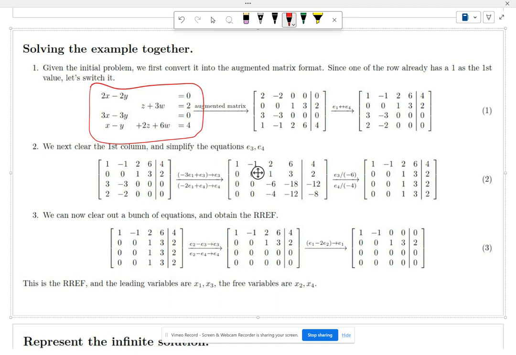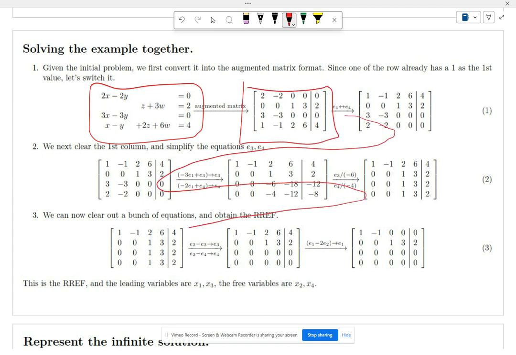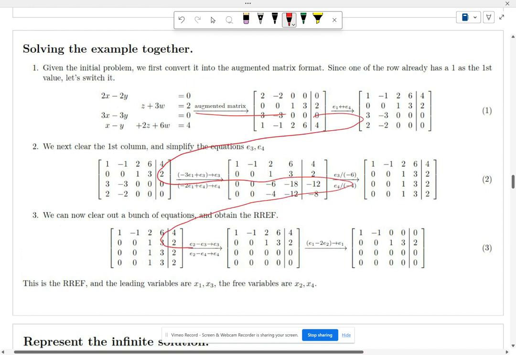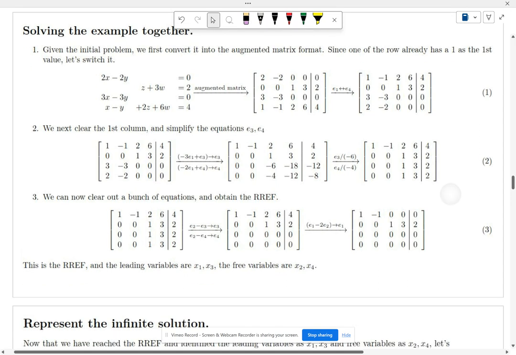We take this, make it into an augmented matrix, and then I start reducing until in the very end, I have the reduced row echelon form right here. You want to follow along, so you know how we got this. But we did that last class. You should know by now how to achieve the reduced row echelon form. So that's the first thing we did.